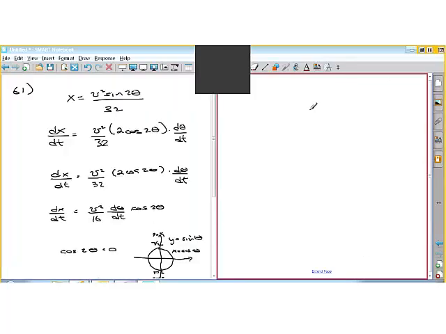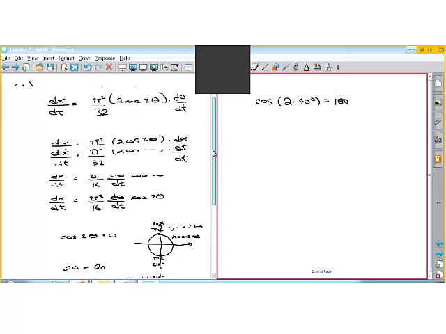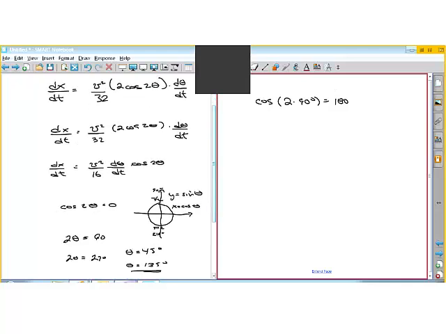Let's just explain how that works. So you can see if I took the cosine of 2 times 45 degrees, that'd be the cosine of 90 degrees, which is equal to 0.